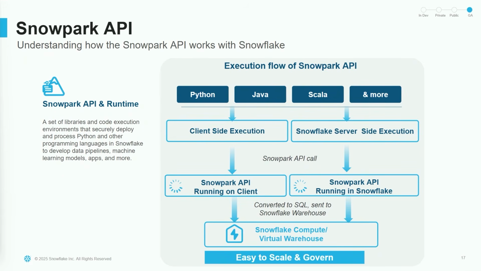If we look at the execution flow of the API, you can see you're running your language of choice at the top. You make a call to the API. Now, this could be running client-side, or it can be running server-side. It's your choice where you want to run Snowpark. But when you actually get to interacting with the data itself, this API call generates SQL pushdown in the background, and it's going to push SQL to your backend database.